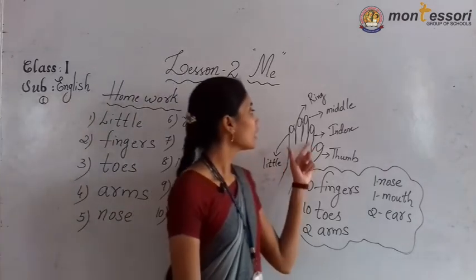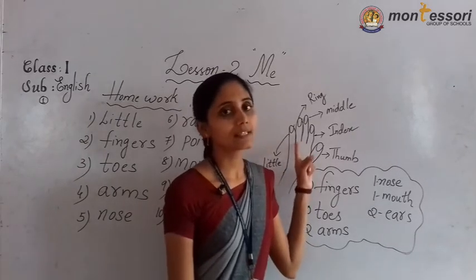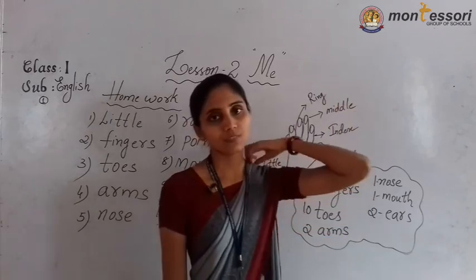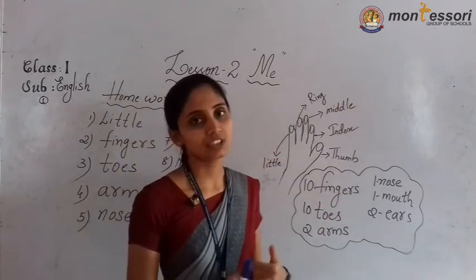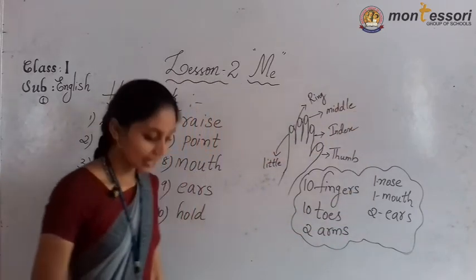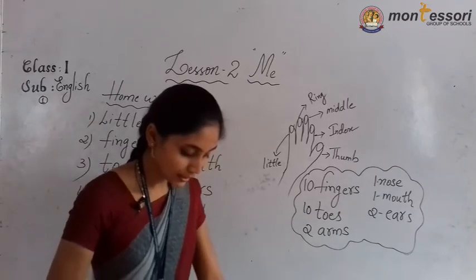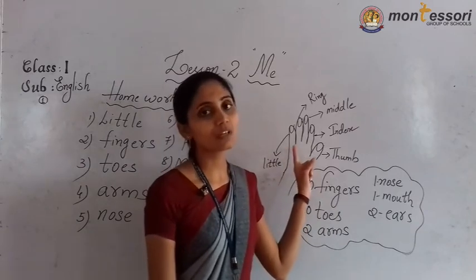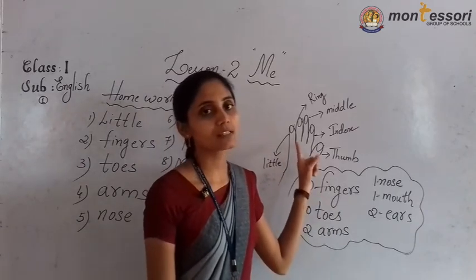See, I will conduct a test upon these names of the fingers in revision. When I send you the worksheet, at that time I will conduct a test upon these names of the fingers. You have to practice it.